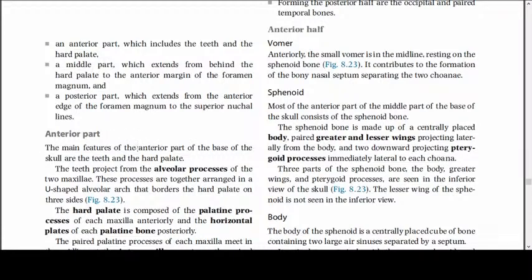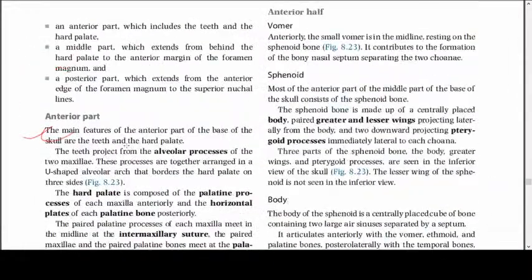The main features of the anterior part of the base of the skull are the teeth and the hard palate. The teeth project from the alveolar process of the two maxillae.